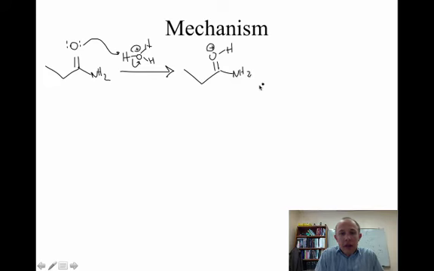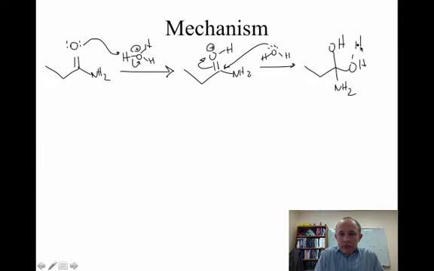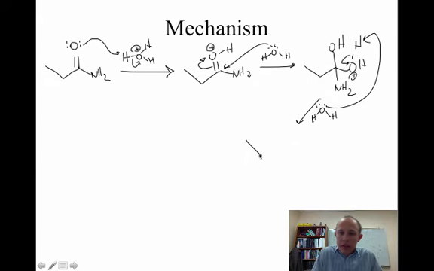Now everybody's happy. Now water can come along, which is present in a large excess, and attack the carbon, break our carbon-oxygen double bond to give our classic tetrahedral intermediate, right? And then transfer of that proton back to water to regenerate our hydronium ion is going to give us this tetrahedral intermediate with an OH and an OH and an NH2, right?